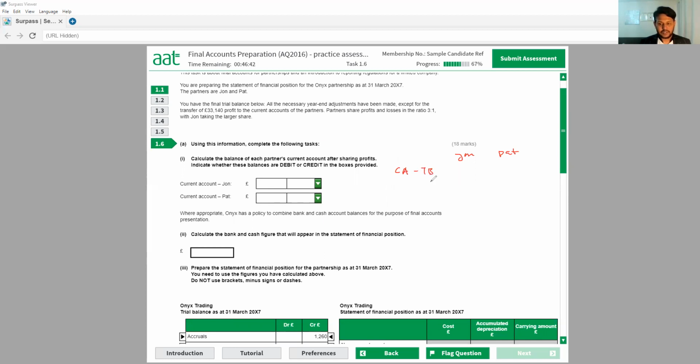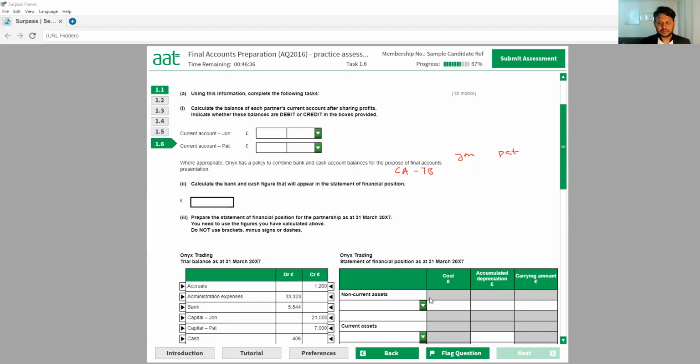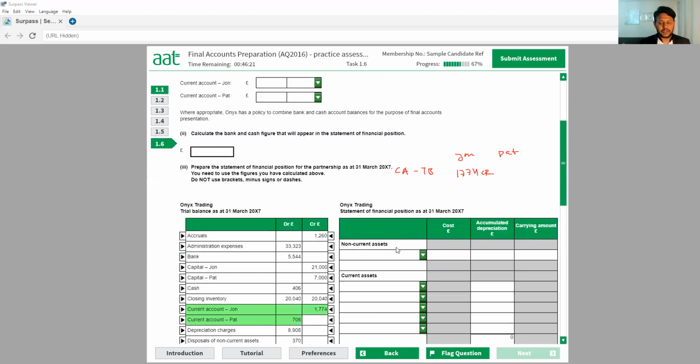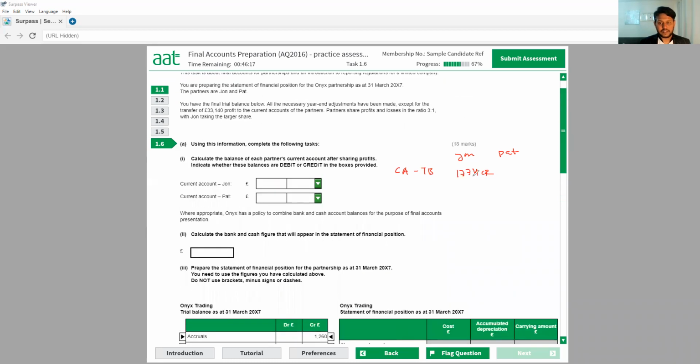For John, we have 1,774, it is a credit. And for Pat, we have 708, but it's a debit. Always be careful with this debit and credit because the answer will be different if you don't understand that.